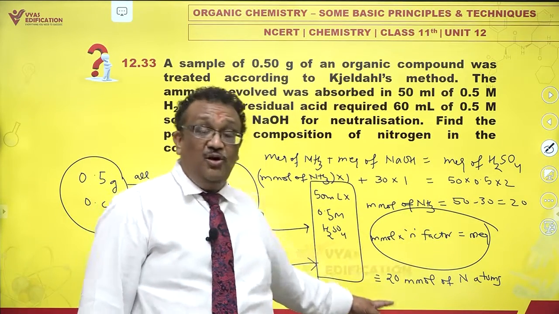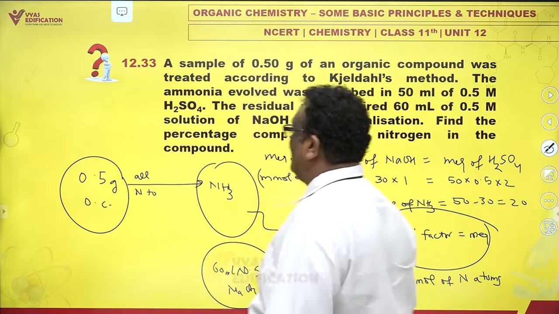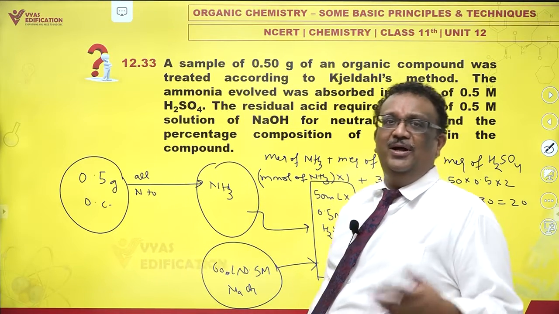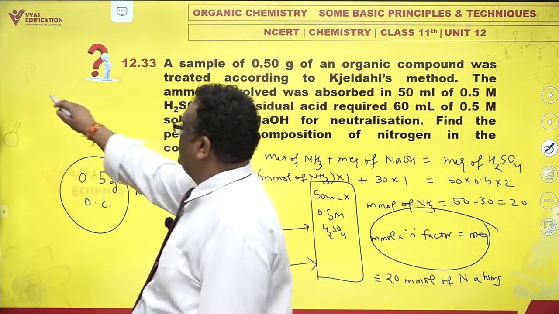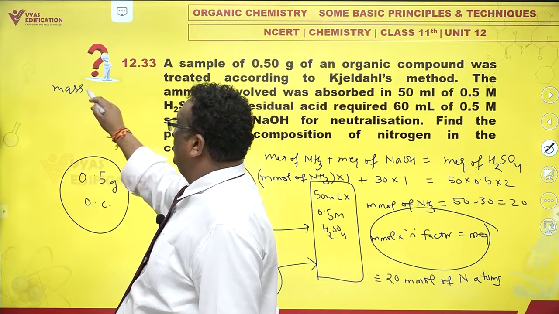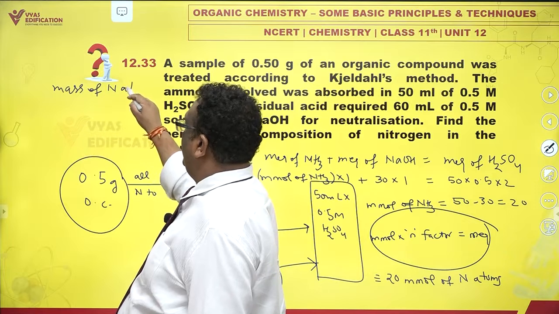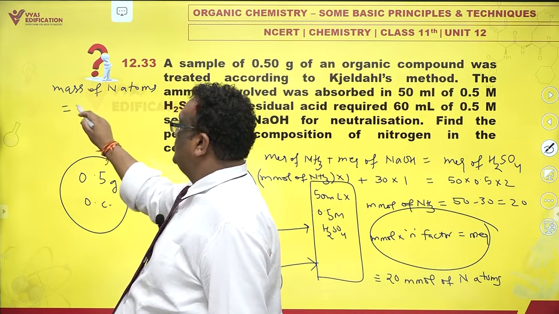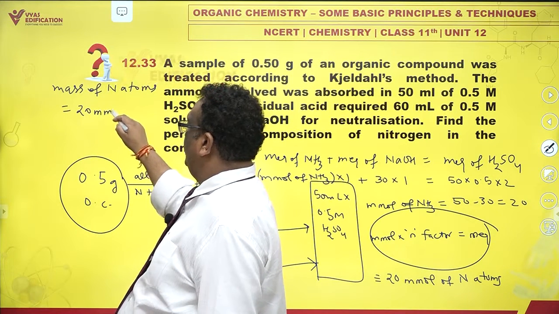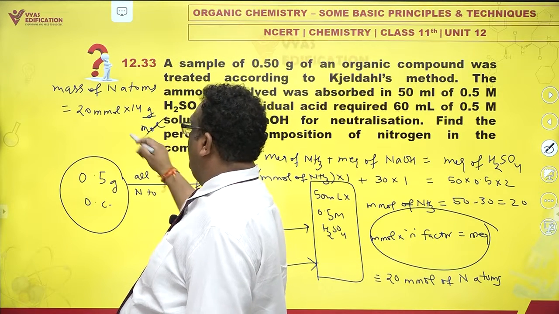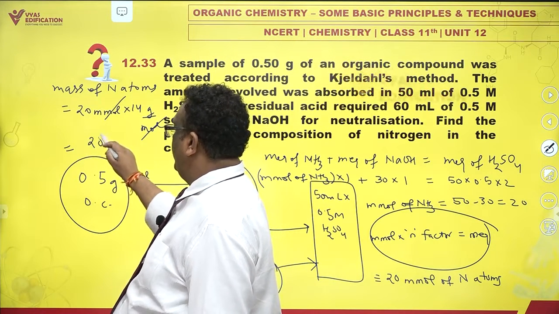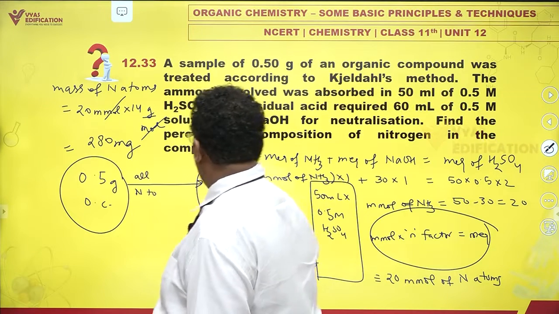So 20 millimoles of nitrogen atoms. And if you have 20 millimoles, my dear, of nitrogen atoms, what is the mass? So mass of N atoms is 20 millimoles into 14 grams per mole, which is 280 milligrams.